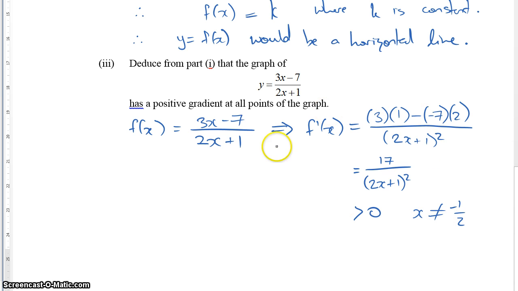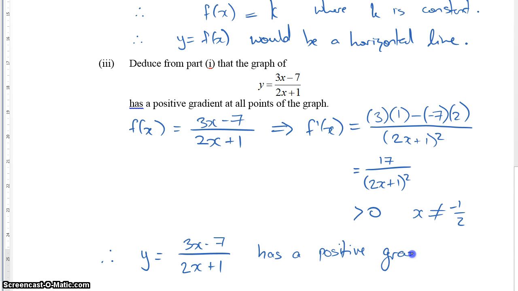So this shows that y equals 3x minus 7 over 2x plus 1 has a positive gradient at all points of the graph.